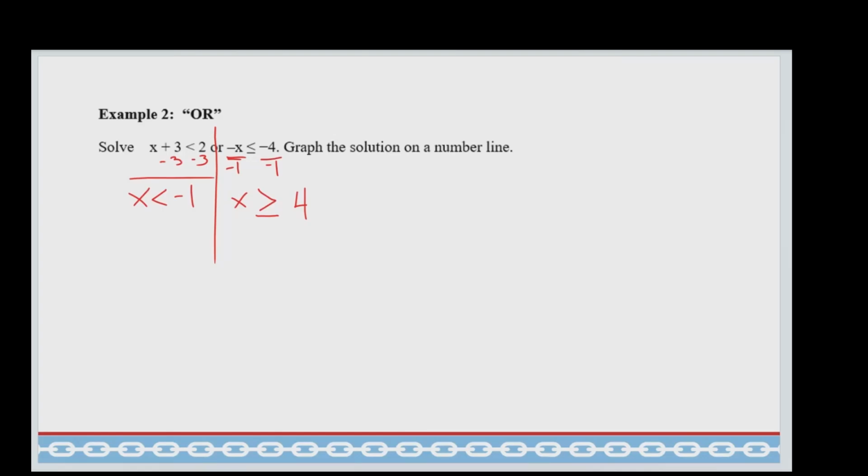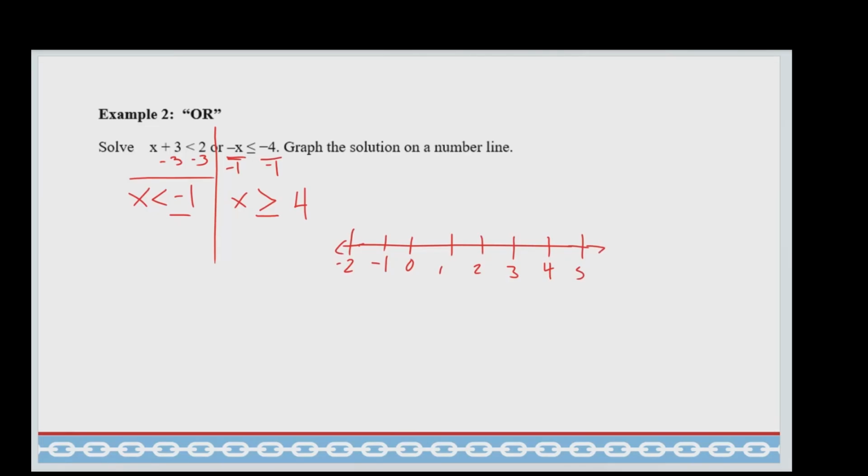We connected the lines. Right here, I am going to make my number line, and I need to have negative 1 on my number line, and maybe another value after it. And then 0, 1, 2, 3, 4, 5.